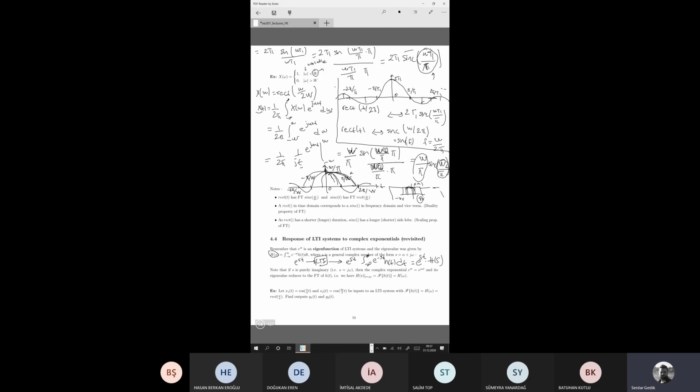So this is the output of an LTI system if you have e to the power st at the input, and this H of s is the eigenvalue, this is the eigenfunction.